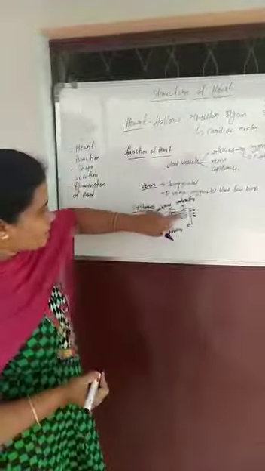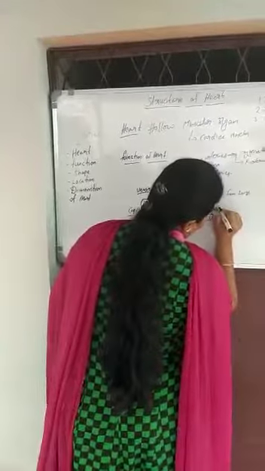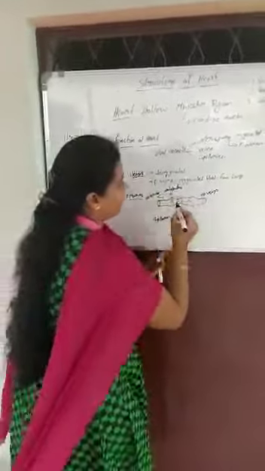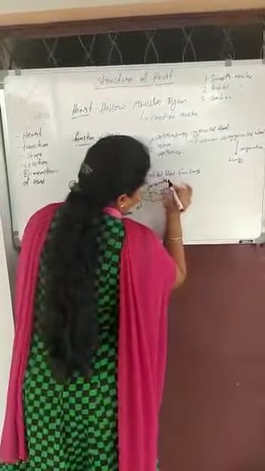Arteries end with the capillaries and veins start with the capillaries. These are the veins, and these are venules. The venules become veins. So the capillaries are the smallest blood vessels in our body.